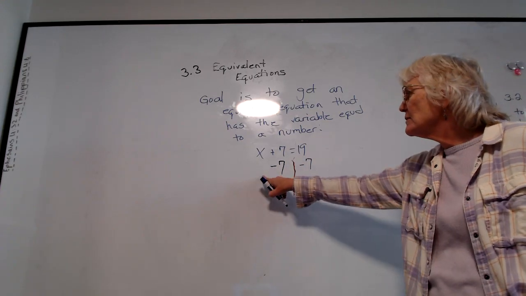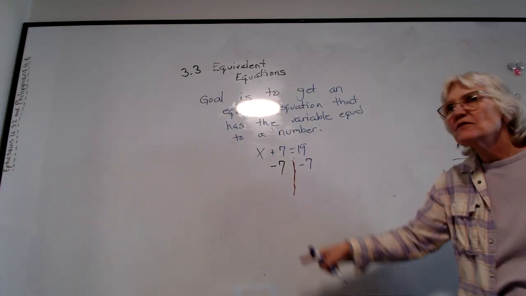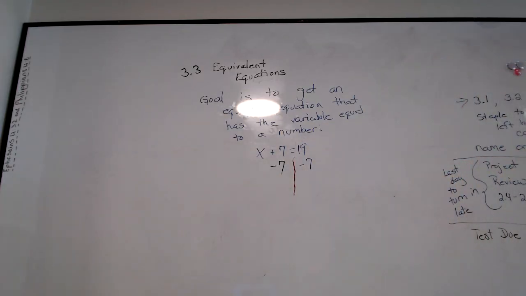So for a lot of people when they're first starting, I have them draw the line down showing the two different sides of the equation. It helps because you're trying to do the same thing on both sides. You know you have to do it on both sides of that line. So if you put it down where the equals is, it makes it nice and easy.